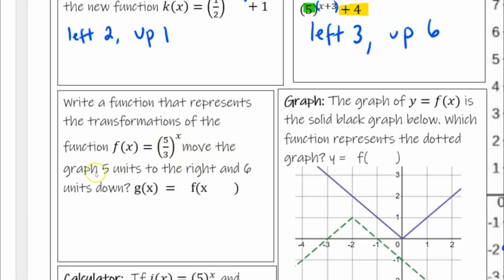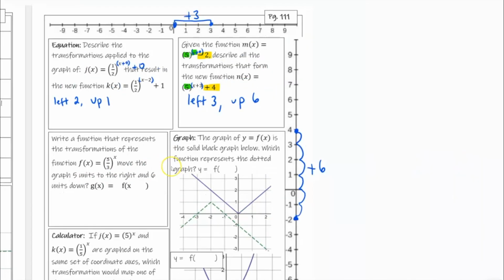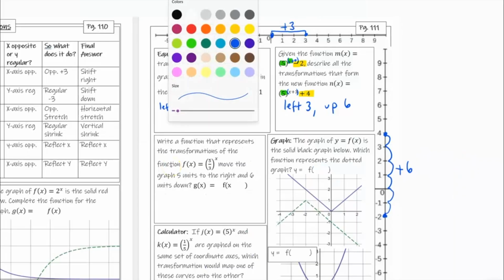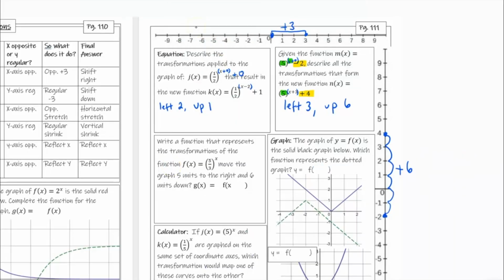All right, so we want to move the graph 5 units to the right. If we were on our x-axis, and again, use a pencil so that you can erase, you would notice that there's nothing here. So we would want to start at 0, and then go 5 to the right. 1, 2, 3, 4, 5. So we should end up 5 to the right.